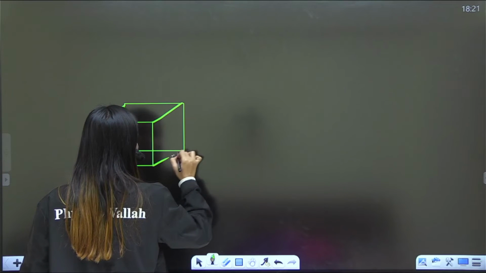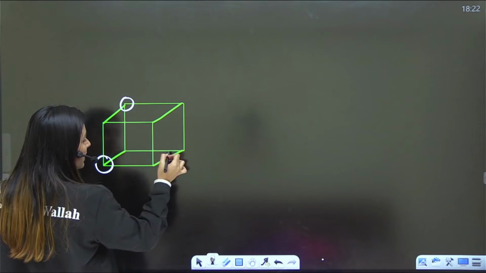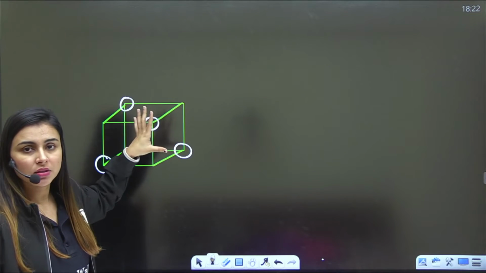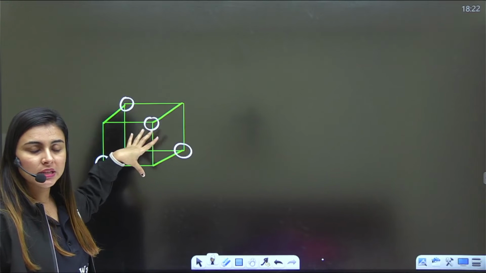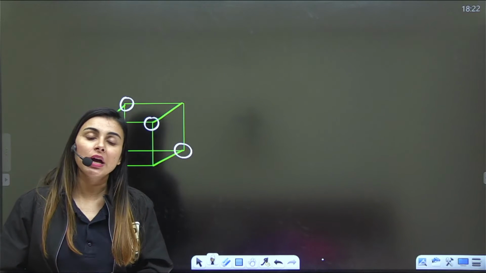Now just imagine you have one atom present here, one here, one here, and one here. Your atoms are present only on these four corners. You have 8 corner positions in the cubic lattice, and only on these 4 your atoms are actually present.